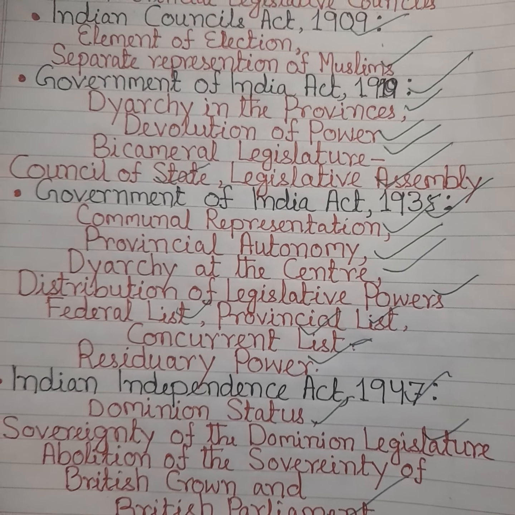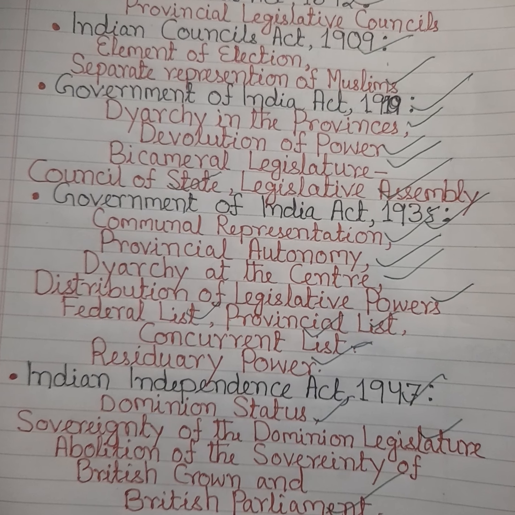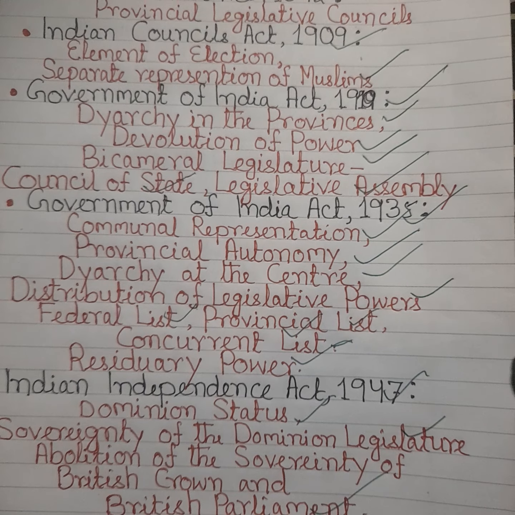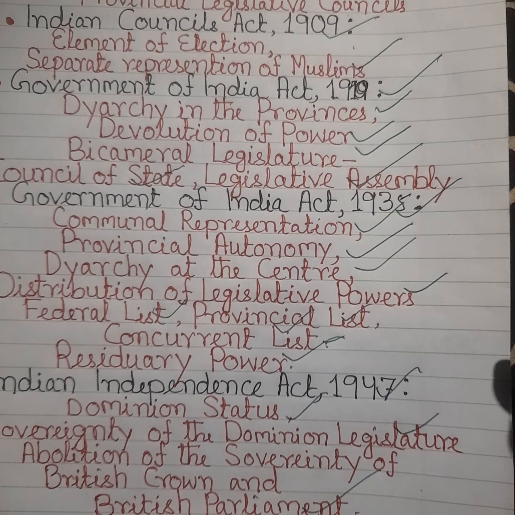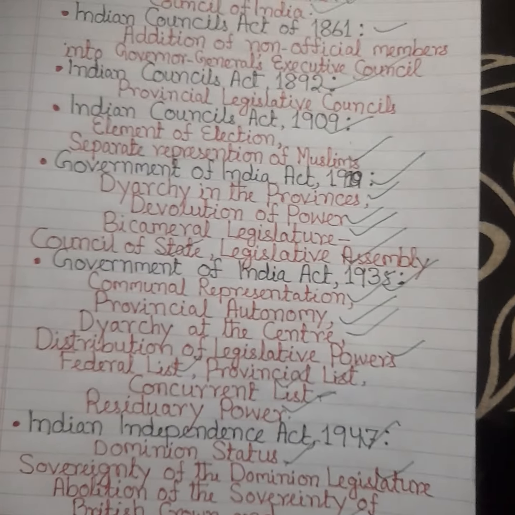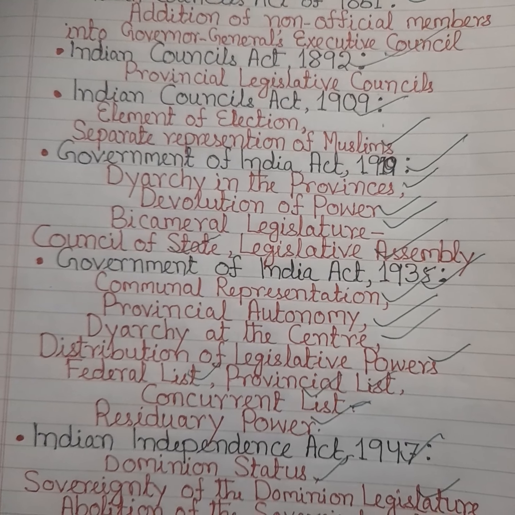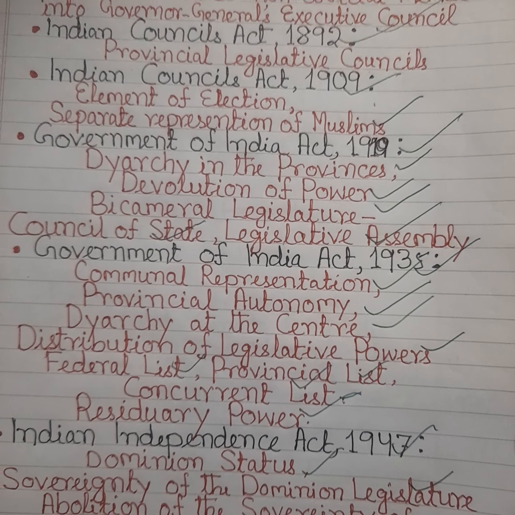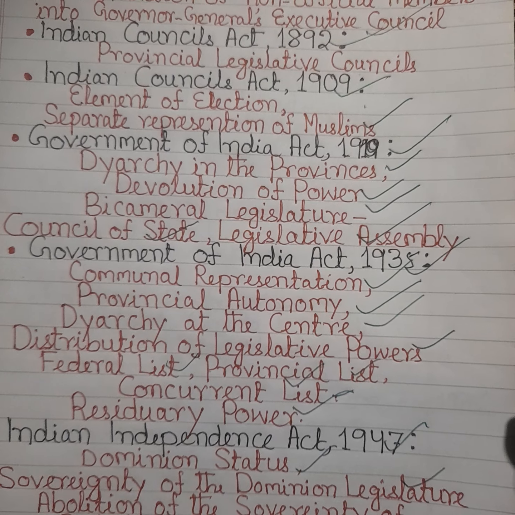So these are the constitutional developments regarding constitutional administration of India by the Britishers after the crown took over the direct administration of British India territories in 1858, after defeating the Sepoy Mutiny or the armed rebellion of 1857.